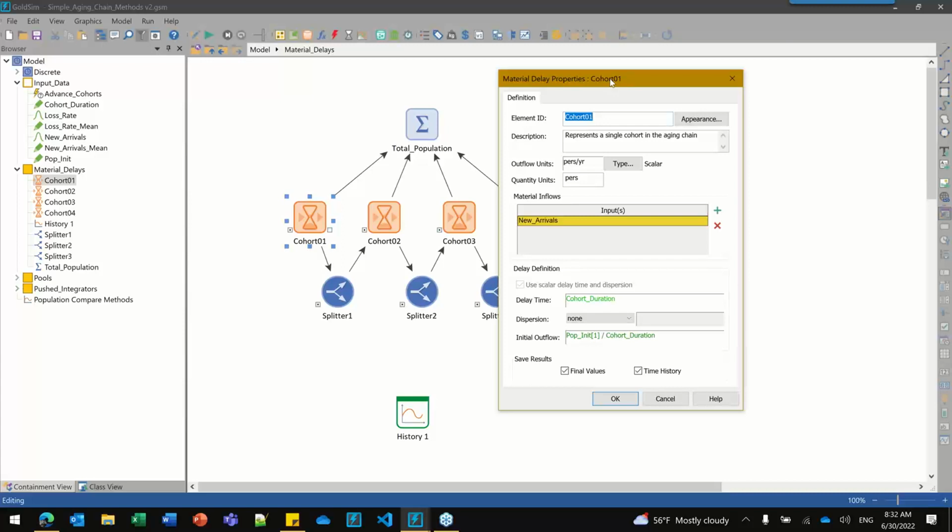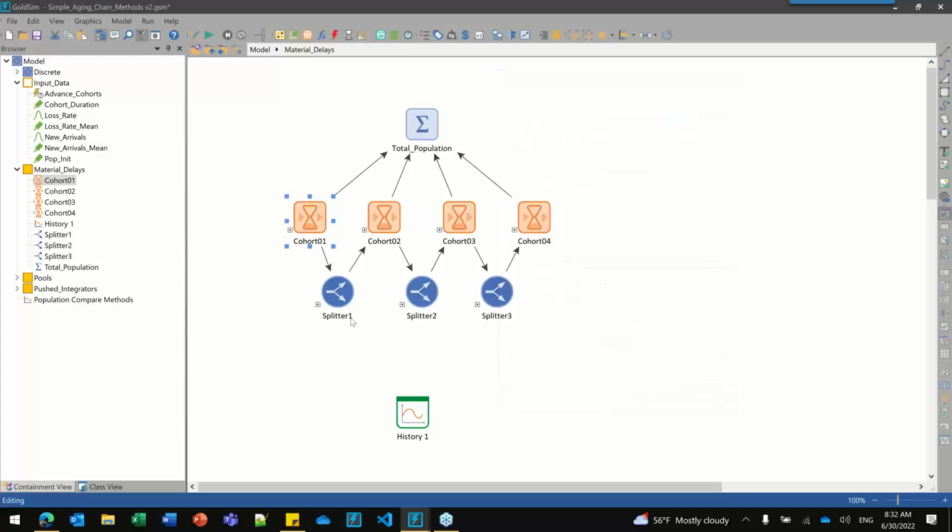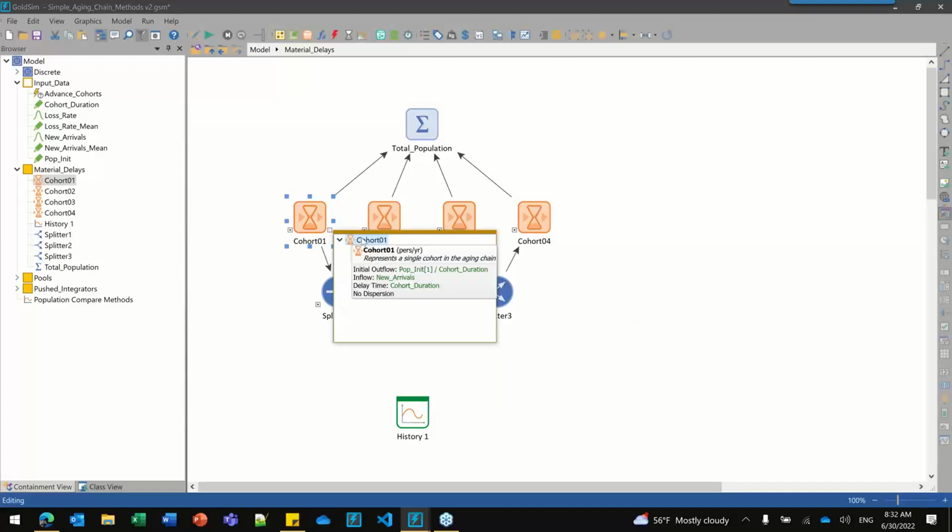And then the delay time that you specify for this element, that's down here where it says delay time, is the time it takes for whatever material you put on the front of the conveyor to travel along the conveyor to the other end. And then it will discharge off the end of the conveyor as a flow. That is the main output of this element, whatever is flowing off the other end. And when I say main output, I'm talking about, if you click on the output port, that's the name of this element, also shown here.